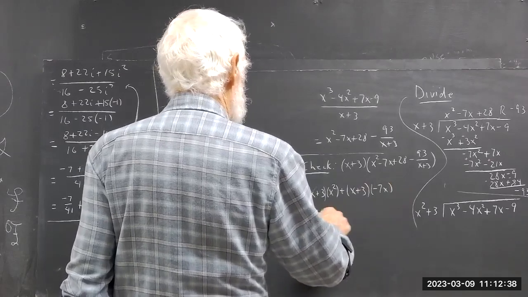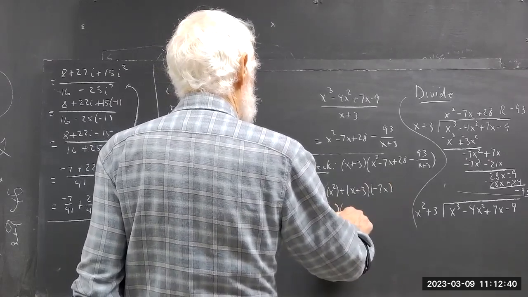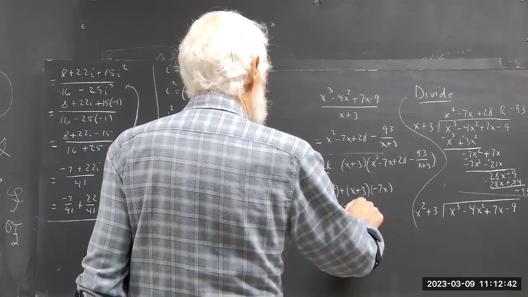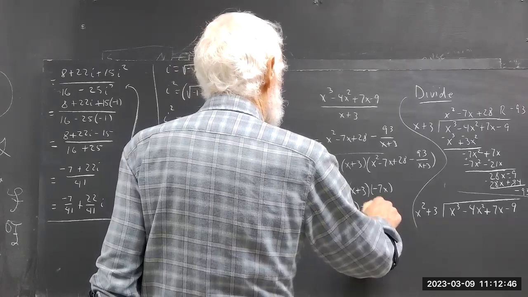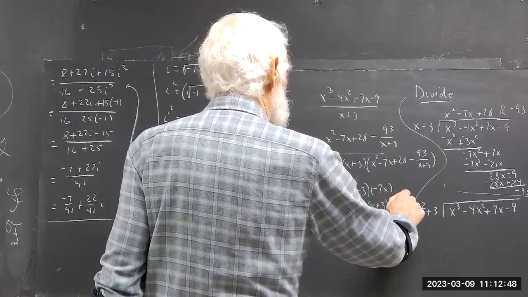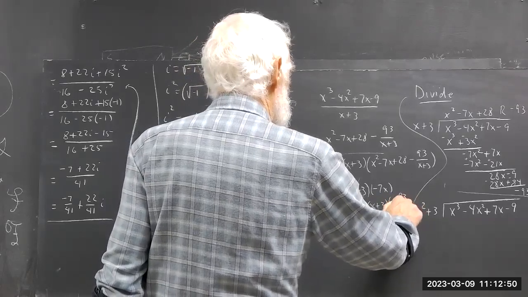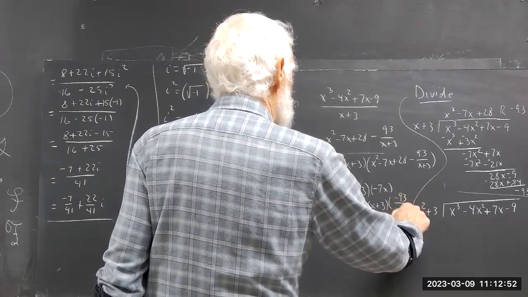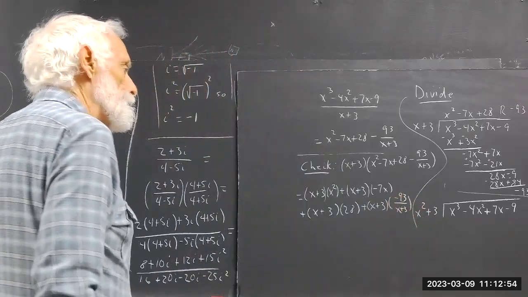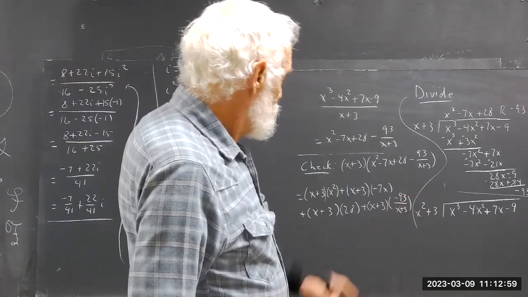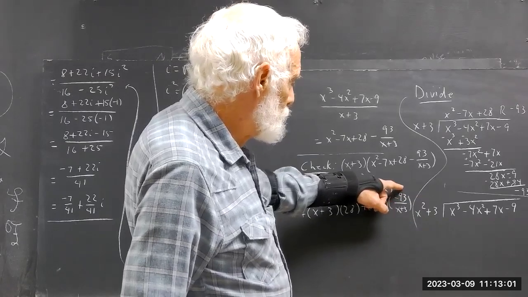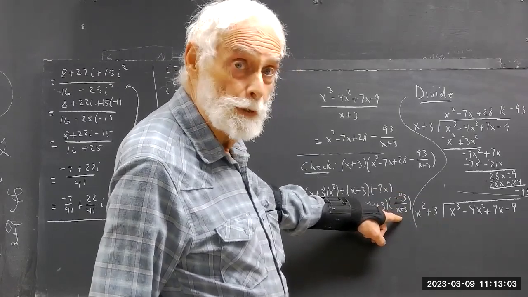I'm going to write out the detail. One advantage to writing out the details is I see that I've got x plus 3 times negative 93 over x plus 3, right?